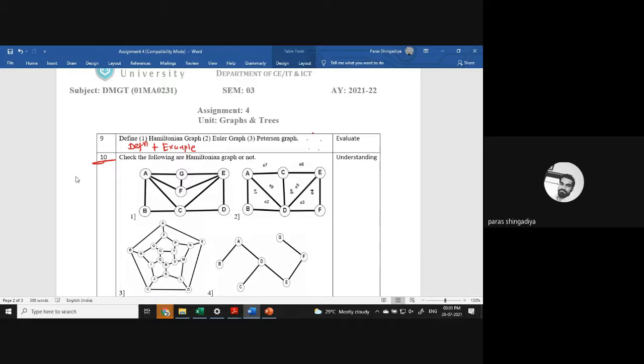You have both definitions, Euler graph as well as Hamiltonian graph. Now use these definitions on all the graphs and verify whether it is Hamiltonian or not. If it is proved Hamiltonian, also write a Hamiltonian cycle, and based on that you can say it is a Hamiltonian graph. Is it clear? Just draw it first and check if it is a Hamiltonian graph or not.